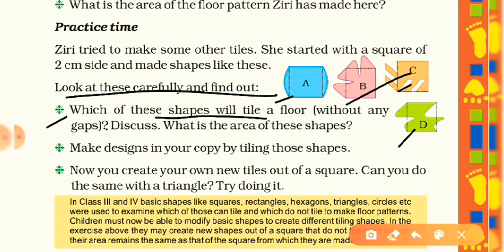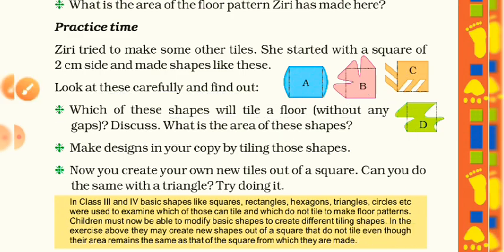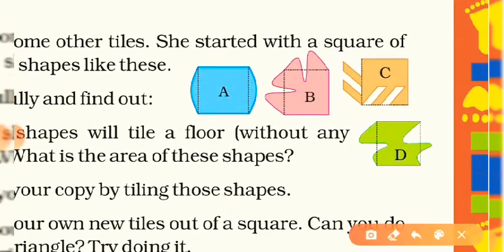Which of these shapes will tile a floor without any gaps? Discuss what is the area of these shapes. First you have to watch properly which tile will be used on the floor without any gaps. If you take A, here you can see the notch.